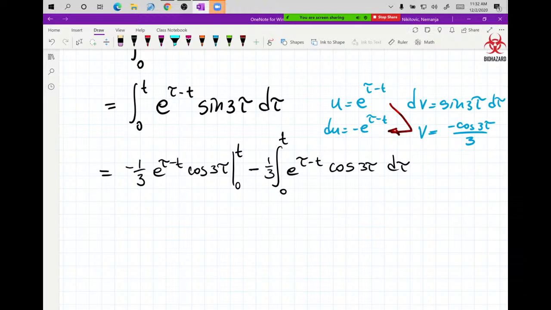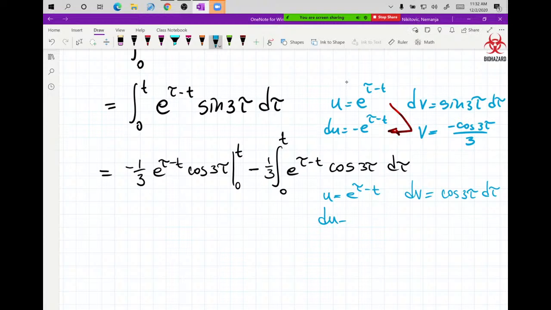So I have to set up another integration by parts, u equals e to the tau minus t, and dv this time is cosine 3 tau d tau.